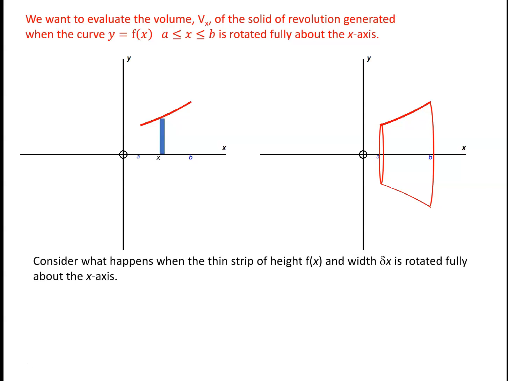Now when we rotate this small strip completely around the x-axis, we'll obtain a very, very small cylinder. This cylinder is going to have a radius of f of x and a height, or depth might be a better description in this case, of delta x.